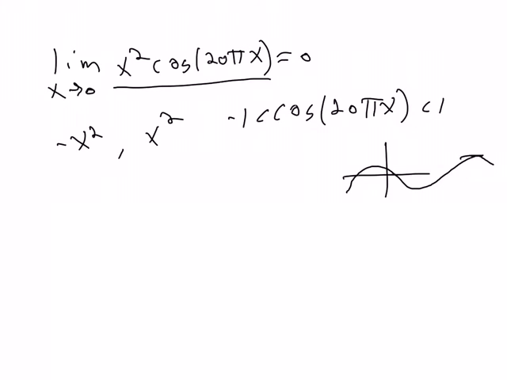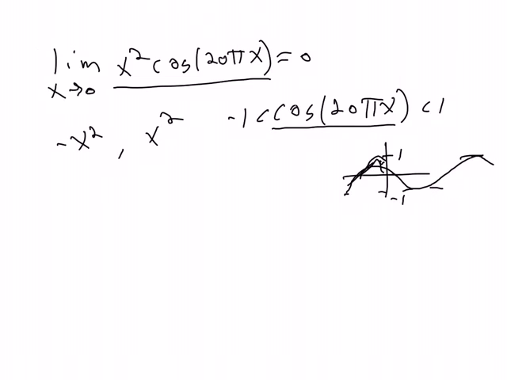Cosine is bounded by negative 1 and 1. And so this is always between negative 1 and 1.